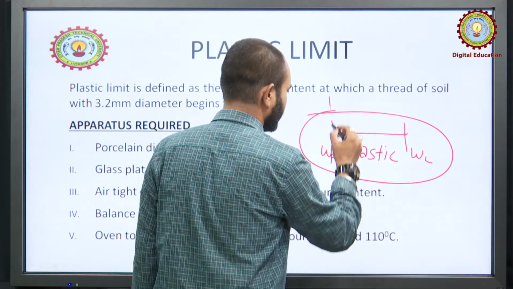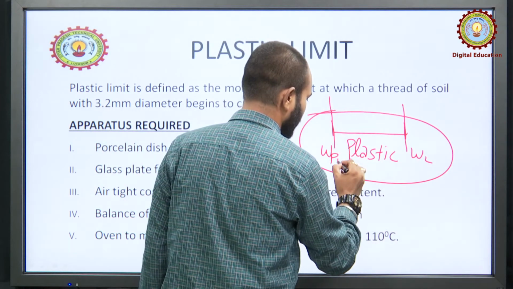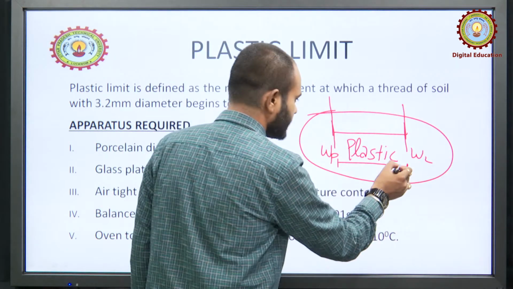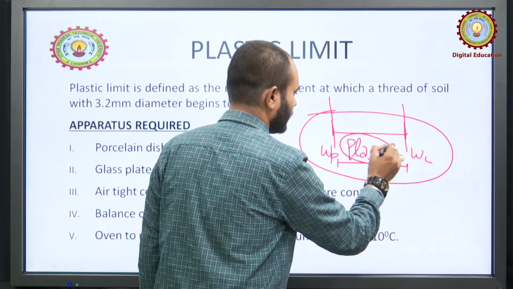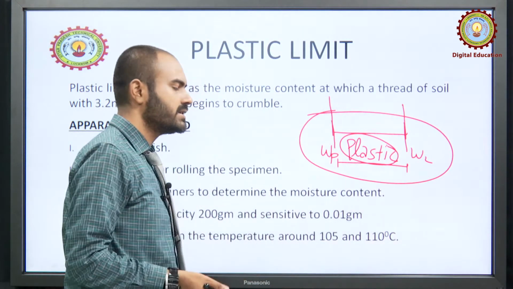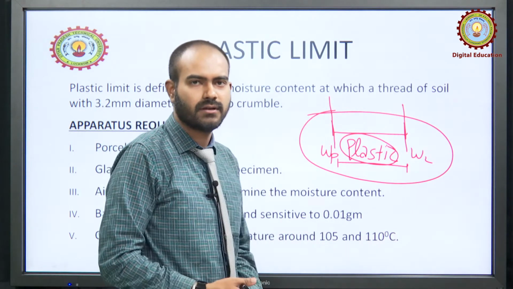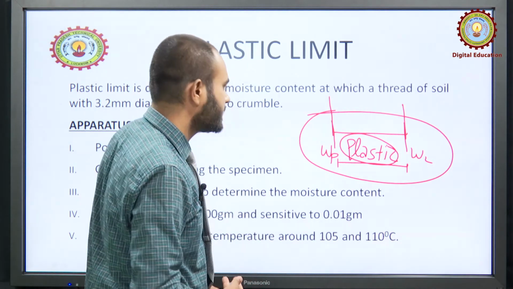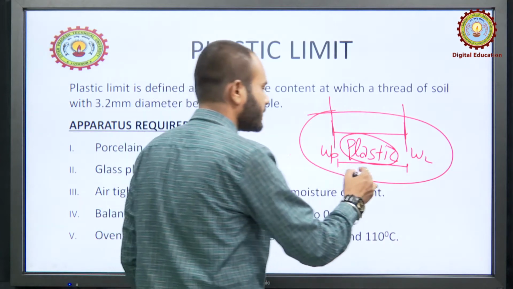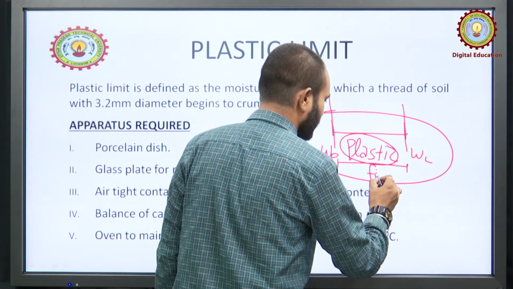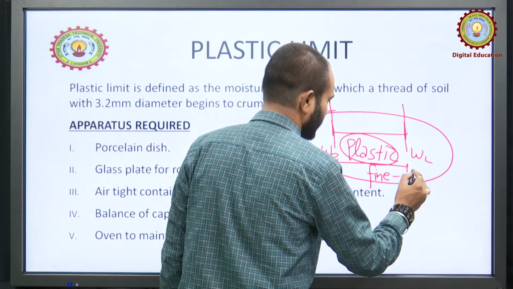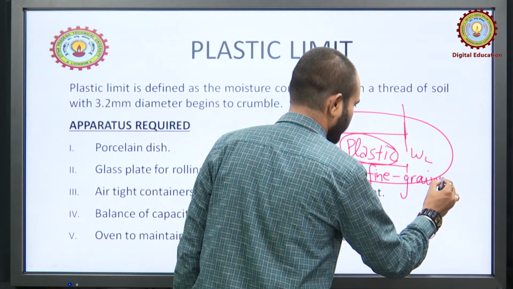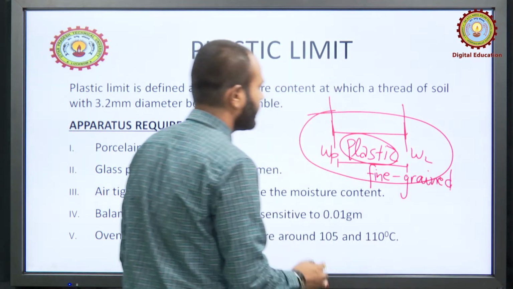This much length of the water content will be called plastic. In this part the soil remains plastic. Plastic means the soil can be easily molded into different forms. Generally this behavior is encountered by fine grained soil only, because in coarse grained soil the plasticity is negligible. So we are mainly concerned with fine grained soil if we talk about plasticity.